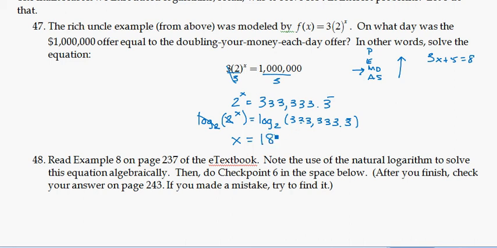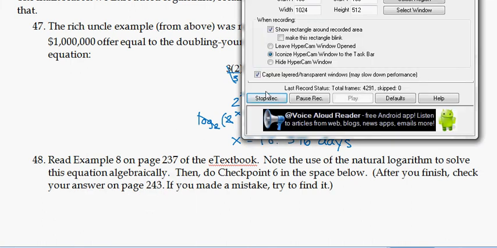You get an answer of approximately 18.346 days. So on the 18th day of the month, I'll be at $1 million; somewhere between 18 and 19, I will have earned $1 million using this double your money offer. Okay, so that's an example of solving these interest problems for the exponent.